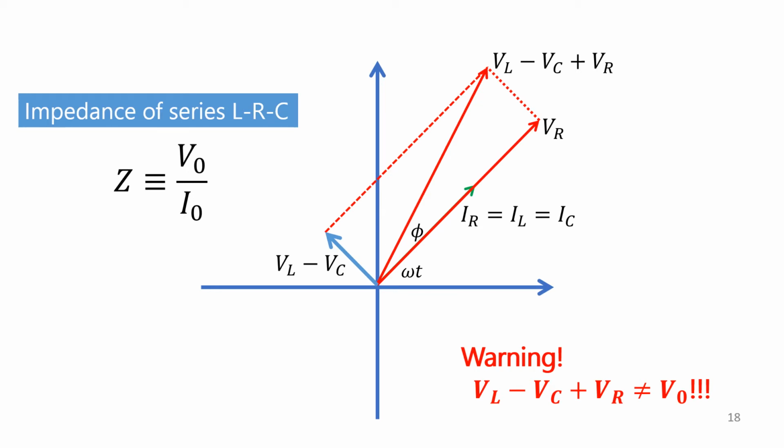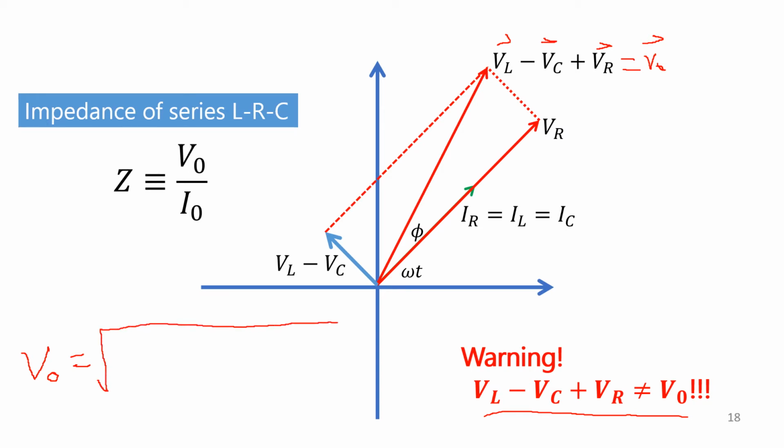Now, what we have to do is, instead of this equation, use our equation to get V naught. When you think about it, V naught is a vector, so is VL, VC, and VR. So to get this magnitude, all we need to do is apply the distance formula. If you think about it, it's similar to this x squared plus y squared formulation.